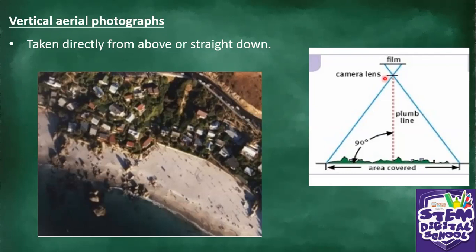So the aeroplane will be there, and then the photograph is taken straight vertically at a 90-degree angle. So that's the difference between oblique and vertical.